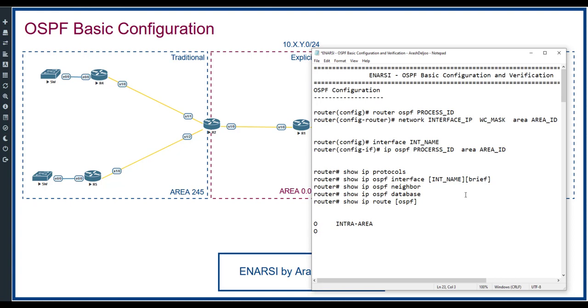Or O IA means inter-area routes. What does it mean? It means that this network is residing outside of our area. Also in OSPF we have O E2, O E1, O N2 and O N1. You have learned about all of these codes when you learned about redistribution. You will learn about them in this class.